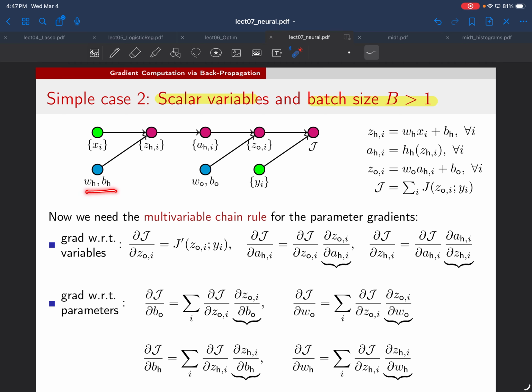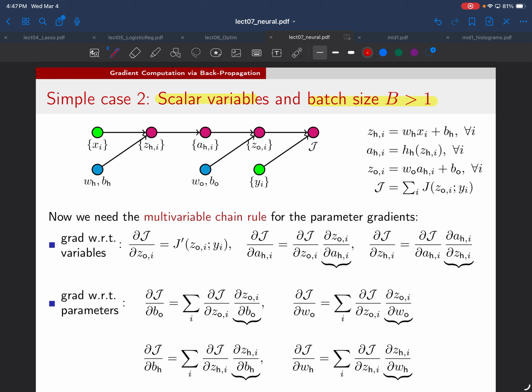They're the same parameters for the entire batch. And so here are our new equations. You can see that there are i indices on a number of the quantities. And then the other thing is that this scalar loss is going to be the sum over the batch. It's looking at all the costs over that batch.